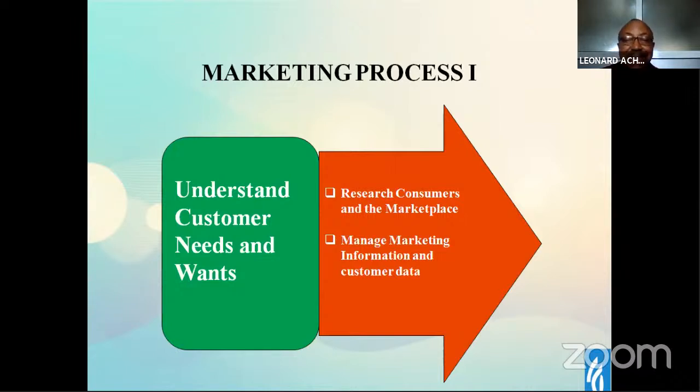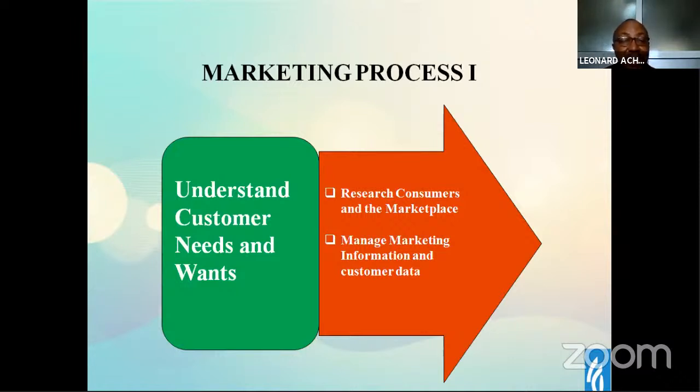Is there an existing market? If not, then as you prepare to meet the needs and the wants of your customers, you are also designing or preparing for a marketplace. And then also, we'll need to consider managing marketing information and customer data. As you are researching on customers, you are gathering data already, gathering information.